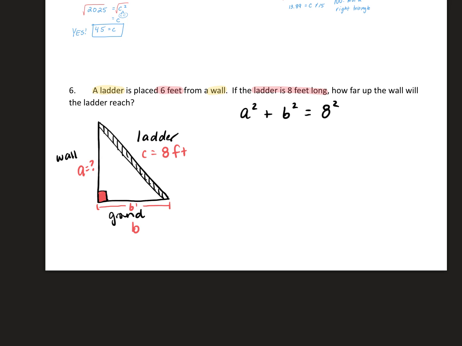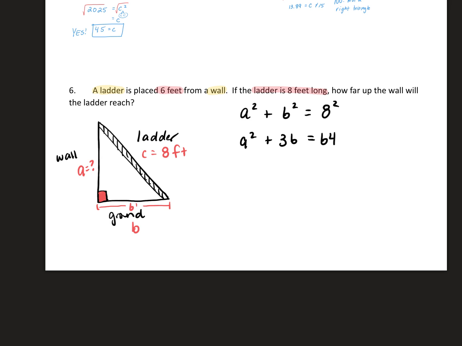Let's plug in our numbers. A squared plus, if you type in 6 times 6 into your calculator, or 6 caret 2, you will get 36. And 8 times 8 is 64.